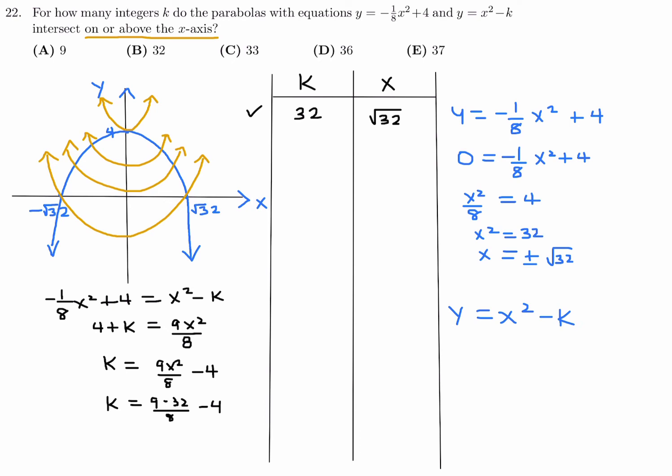Well, instead of going k 31, k 32, 30, 29, that's obviously going to take forever. I'm going to jump all the way to the other extreme, which is when they intersect in the last possible way, which is the very bottom of the orange parabola touching the very top of the blue parabola.